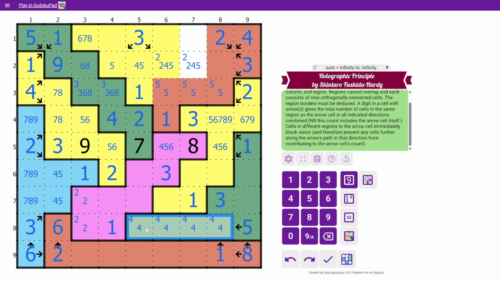It's going to be a 2. 6 will be in one of these. An 8 will be in one of these, not the third one.